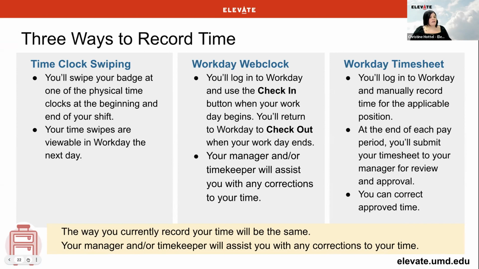Those that are manually entering time can go in themselves. They can correct time entry for a current pay period or a prior pay period where things have been approved. Any corrections that are made are being routed to the manager for reapproval. But now we don't need to worry about taking additional steps for those approved timesheets in prior pay periods.